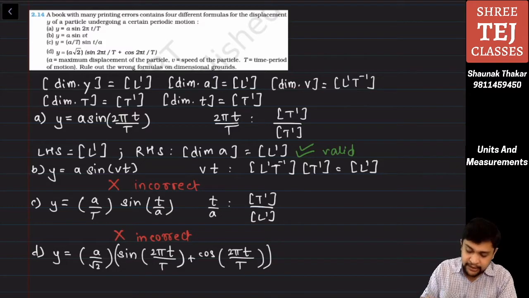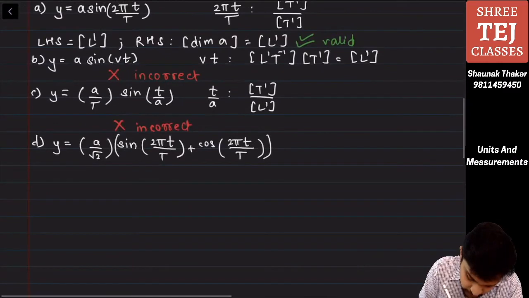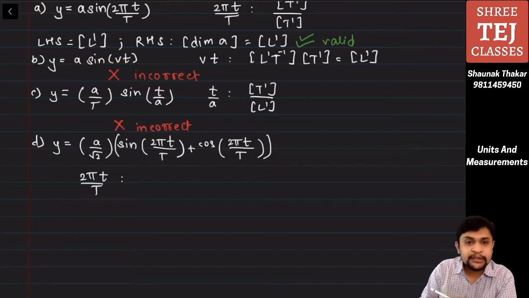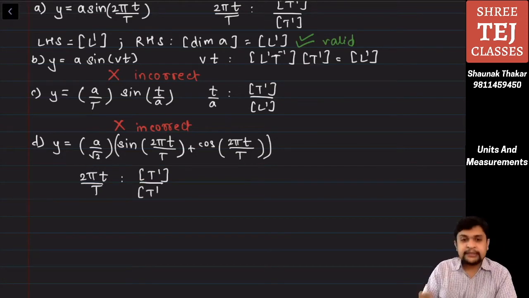Now let us evaluate 2 pi t upon T. We know in the first one we have evaluated this: T raised to 1 upon T raised to 1. So it is dimensionless.